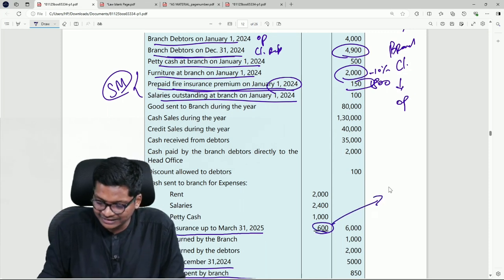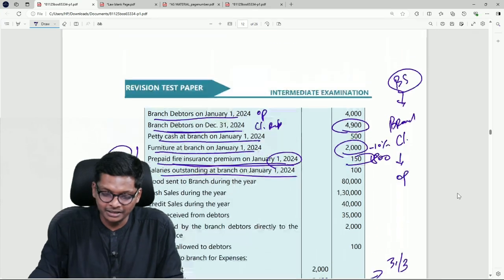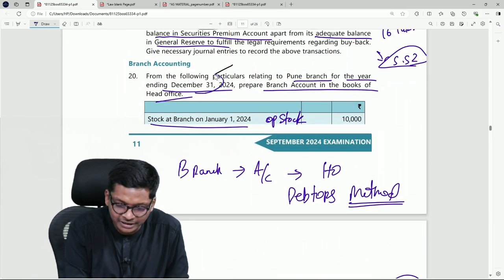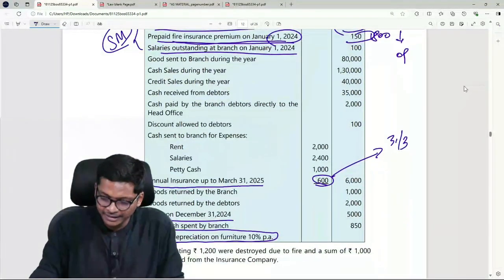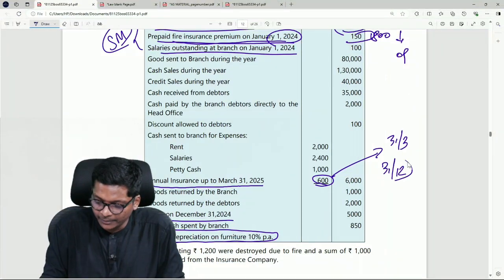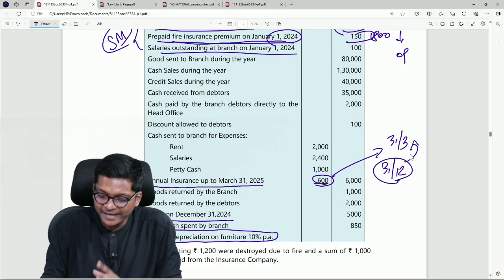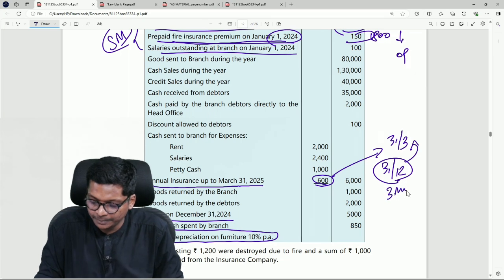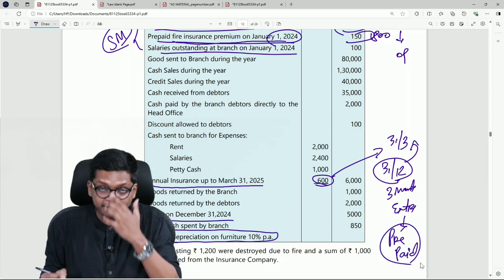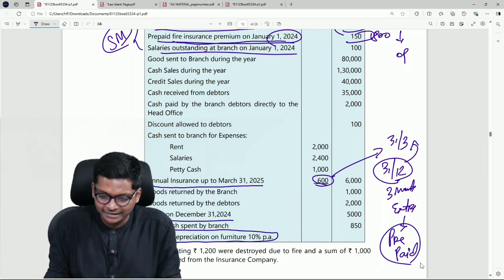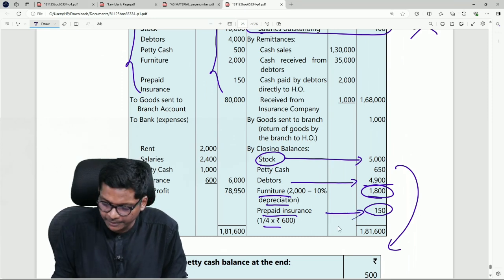So if 600 is up to 31st of March, I am preparing only up to 31st of December. That means 31st of December only is enough for me, but you have paid up to 31st of March. That means 3 months extra is paid, which is my prepaid. That only I am showing here, prepaid insurance.